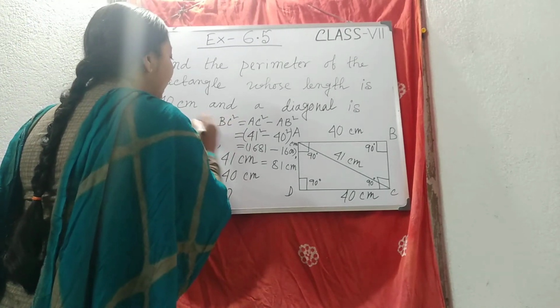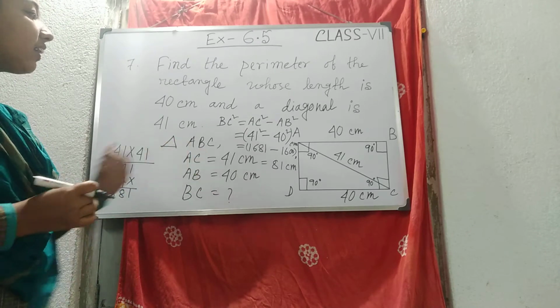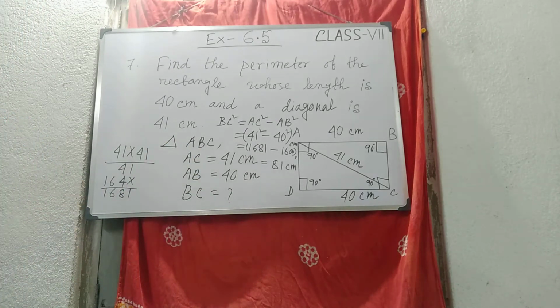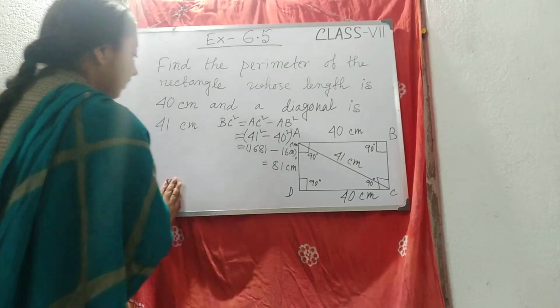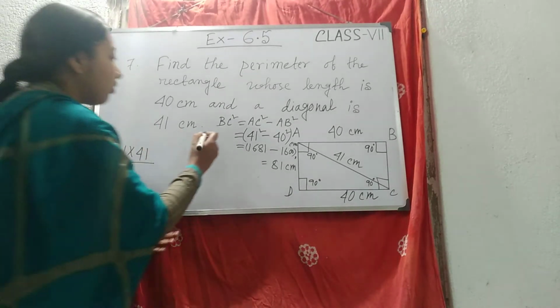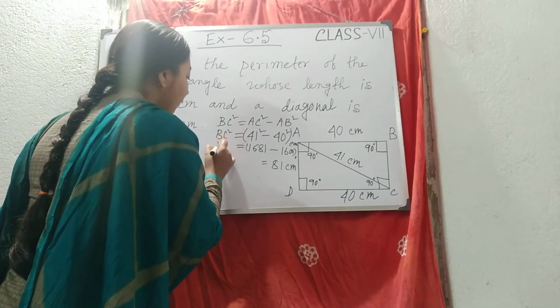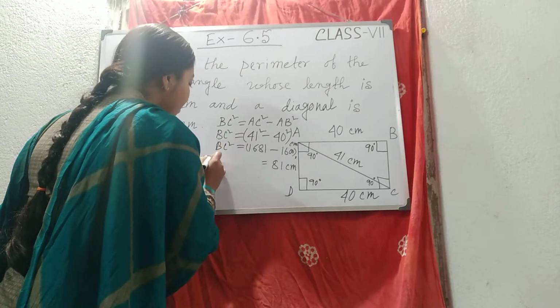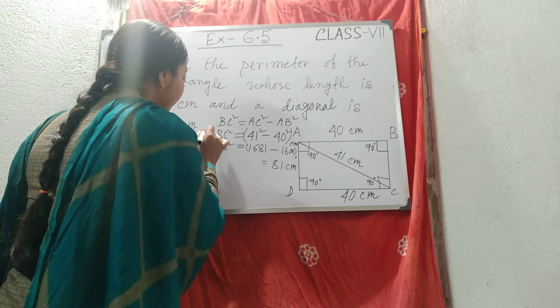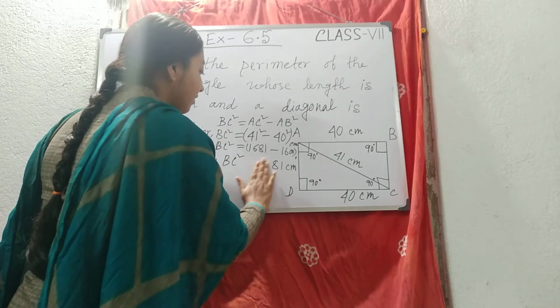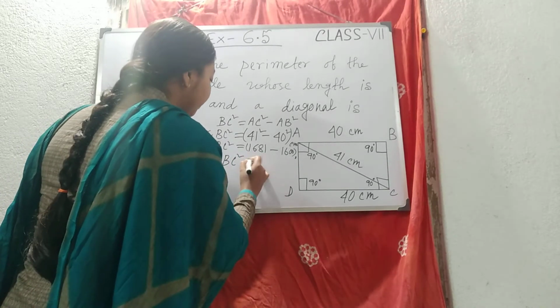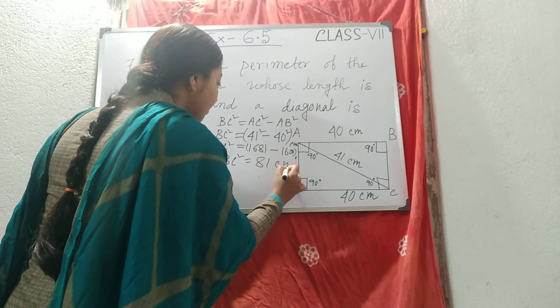We have got BC square equals 81. So how can we get BC? BC square equals 81. From here we can get BC. BC square we have got 81 centimeter.